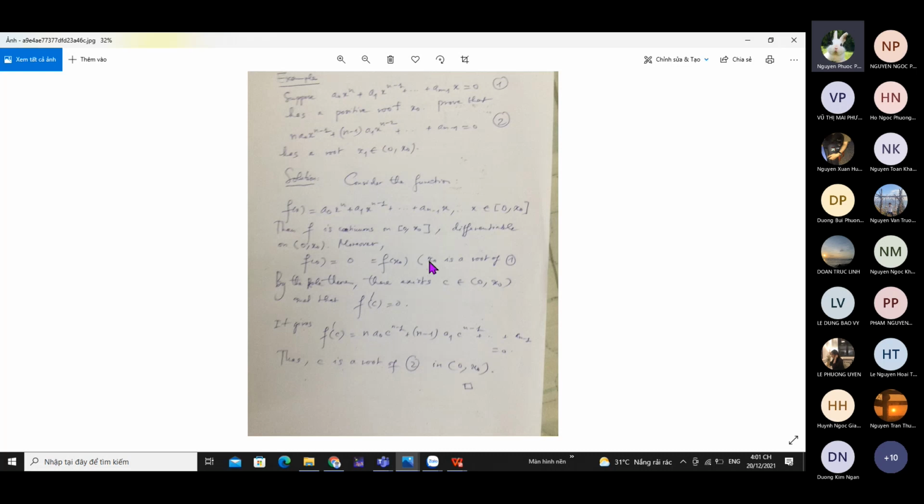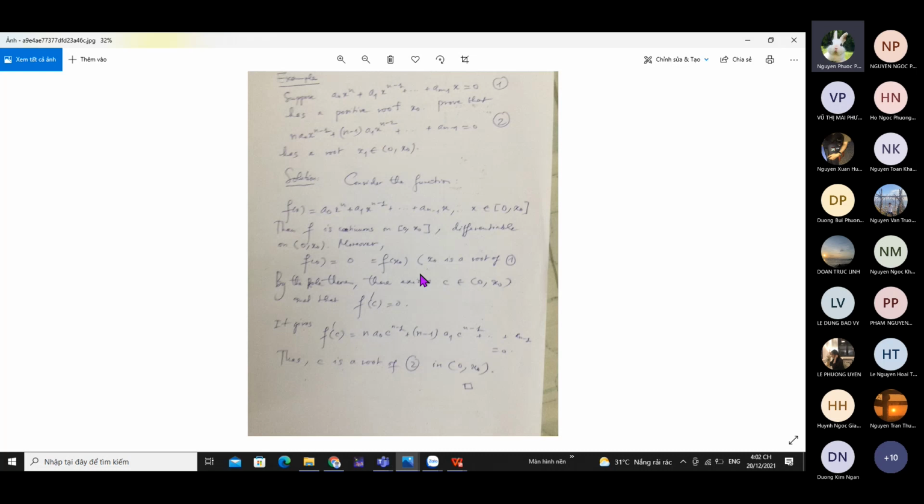That's why we now consider the function f given by just the left hand side of equation 1. What is this? It's just a polynomial, and polynomials are so nice. It is continuous everywhere.